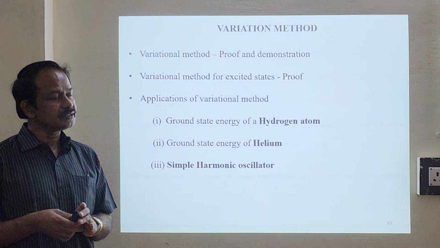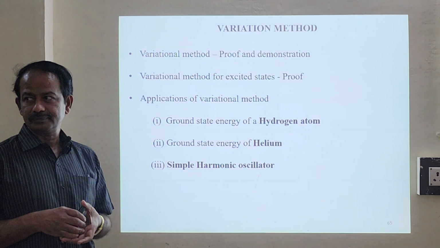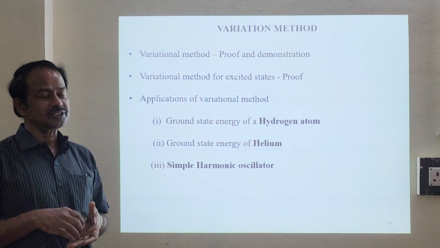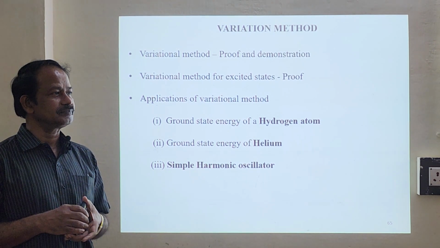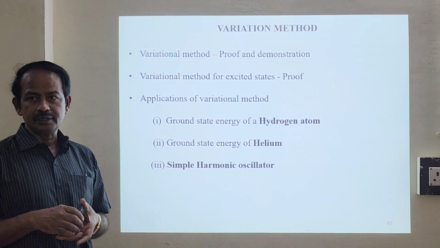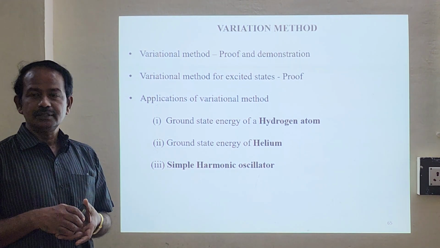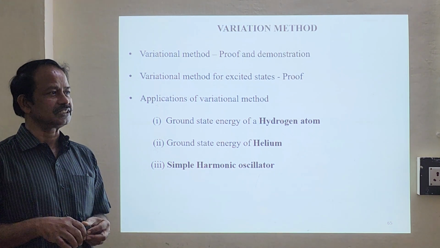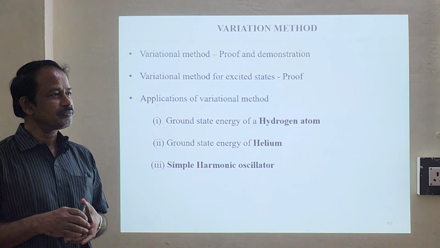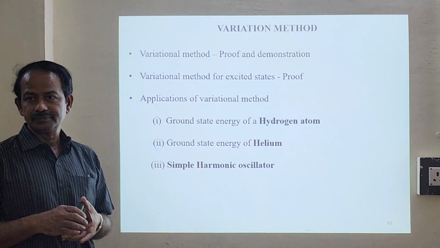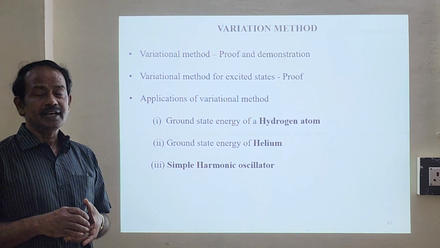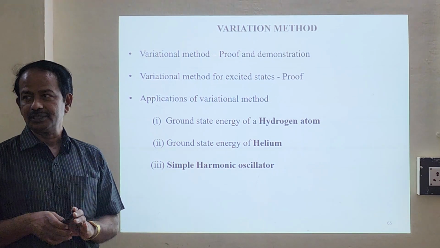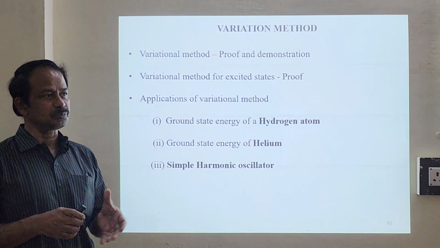In all those models, we had a Hamiltonian, which corresponds to the Schrodinger equation, and we were able to solve it for the solution, which is nothing but the wave function and the corresponding energy eigenvalues. So exact solutions have been obtained from the Schrodinger equation of any Hamiltonian for those models.